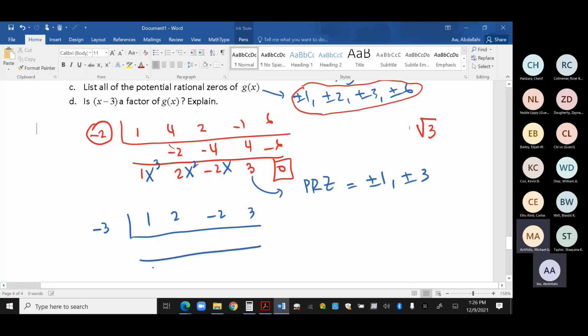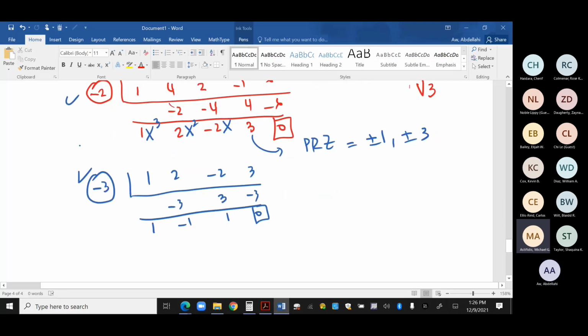So I say 1, -3, -1, 3, which is 1 here, -3, 0. You see? -3 is a second 0. If I go this way, at the end I have a quadratic function, x squared minus x plus 1. And then you can factor it and get your other zeros.